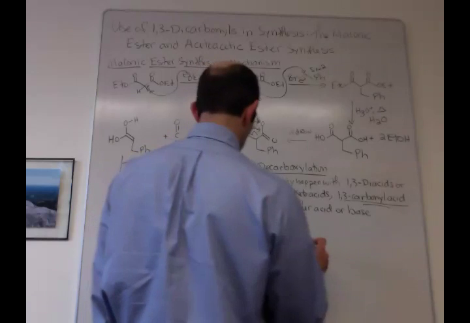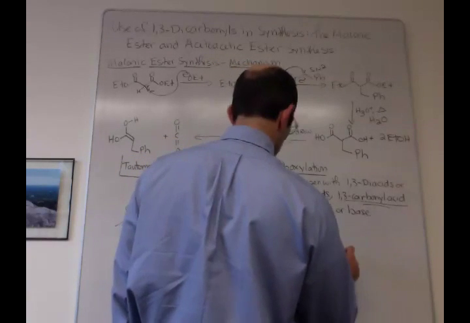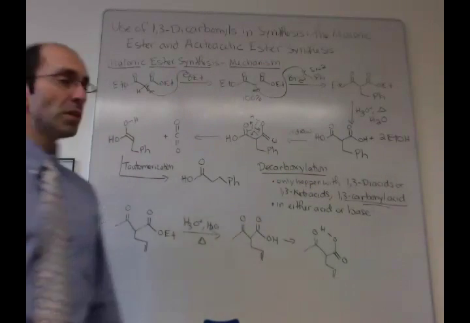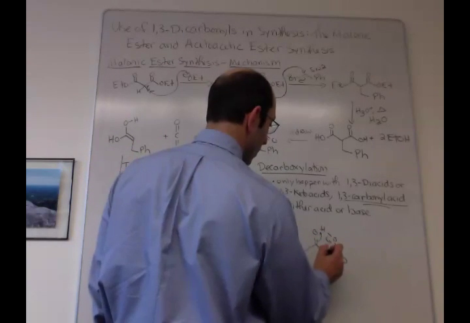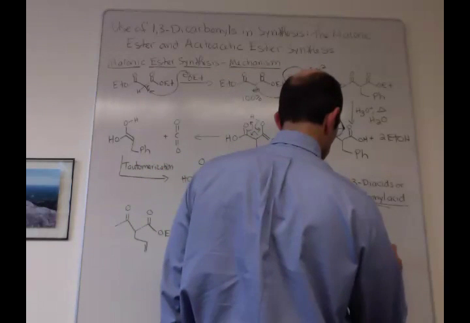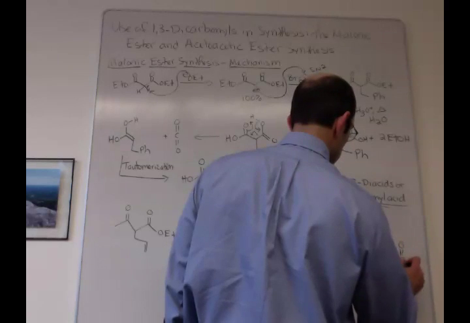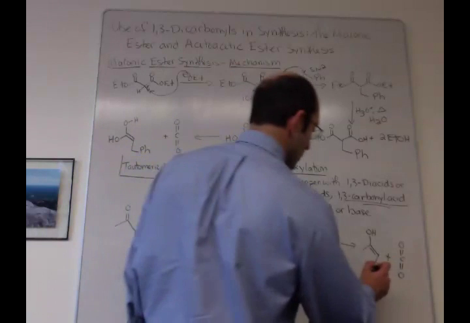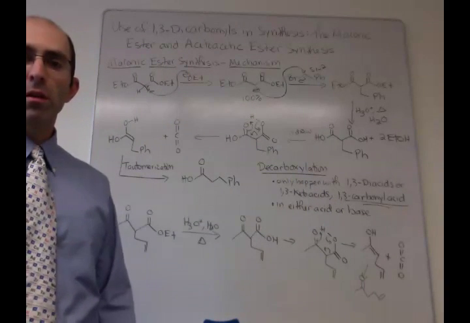Again, we could redraw, and we can do the exact same mechanism that we drew up above, to form the enol and carbon dioxide. Then we could do the tautomerization reaction again, and we end up at the product that we saw before.